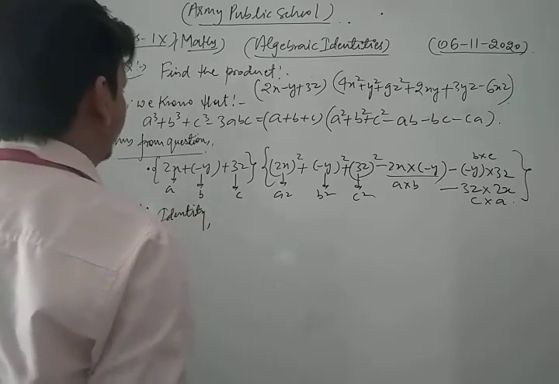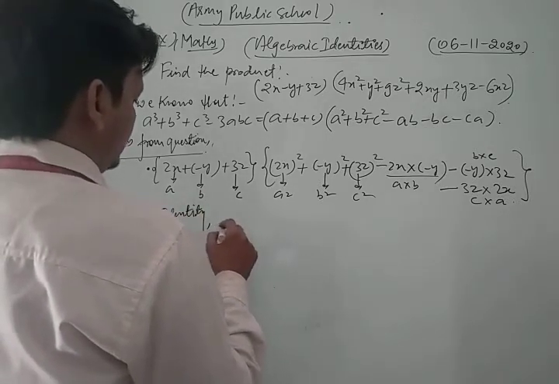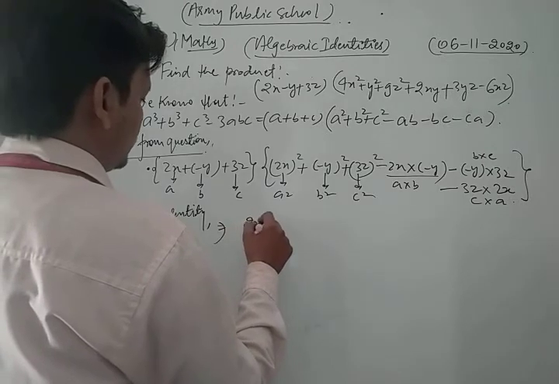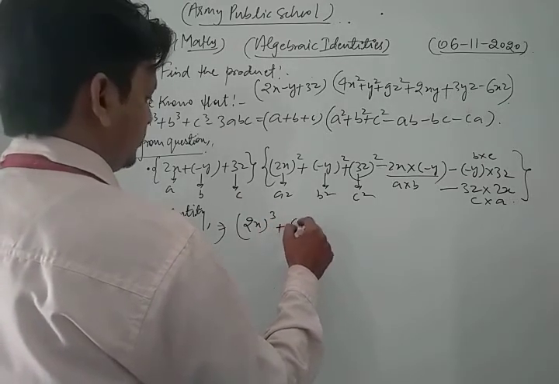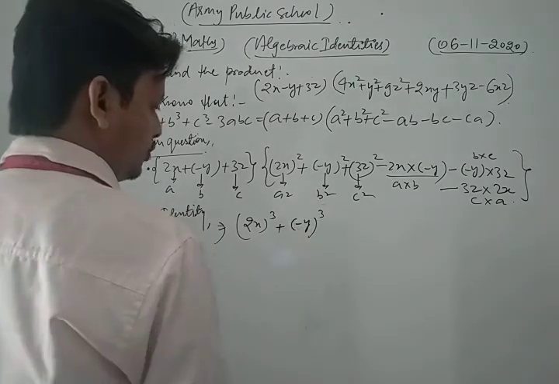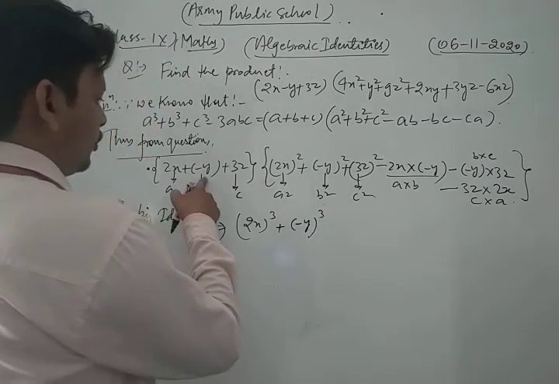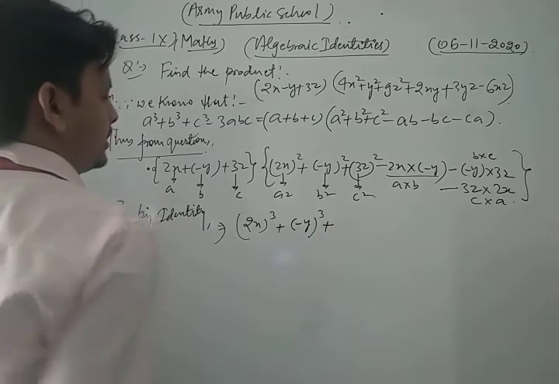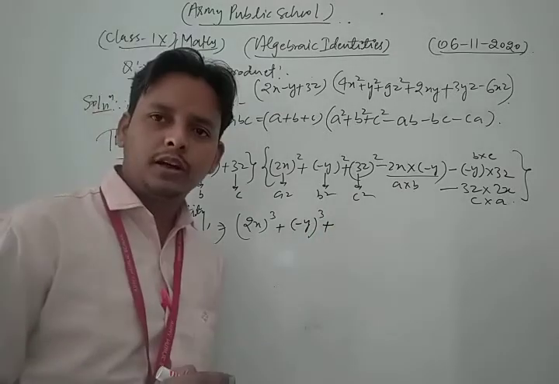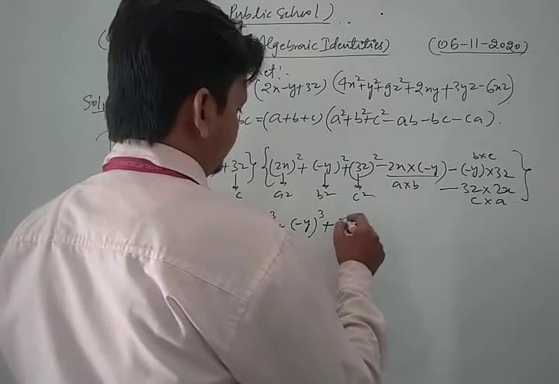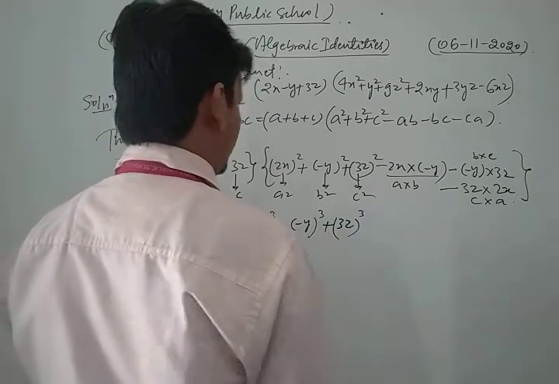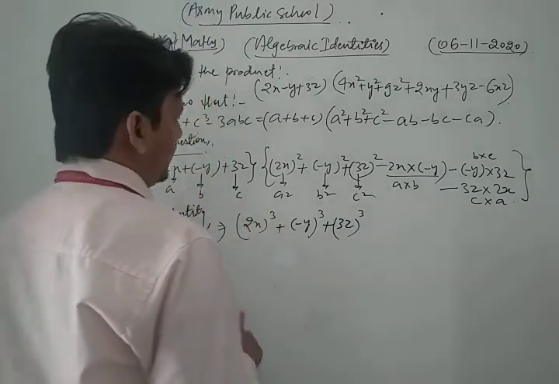By identity we have A cube means 2x cube, A cube plus B cube means minus y cube, because the value of B is minus y, plus C cube. The value of C is 3z. A cube plus B cube plus C cube, okay.